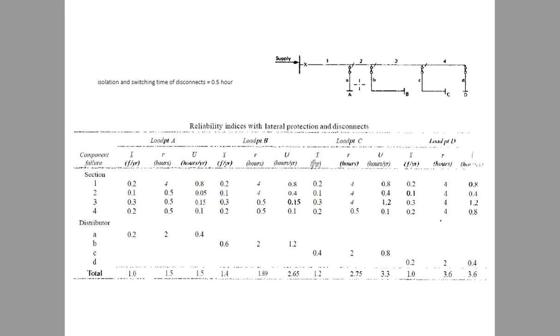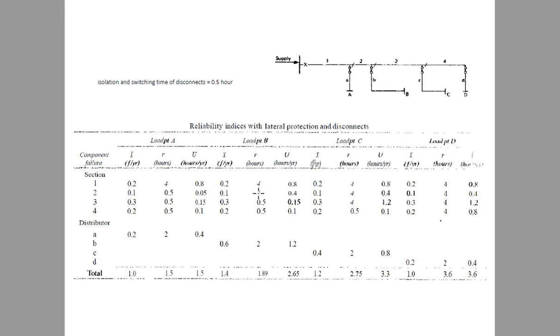Means if we disconnect this line by operating this disconnect, then the supply cannot be maintained for load point B. For resuming the supply for load point B, line 2 should be repaired. So again it requires 4 hours to repair.